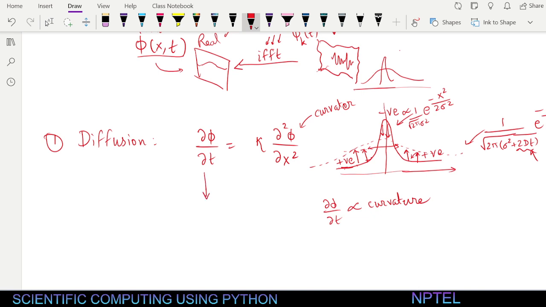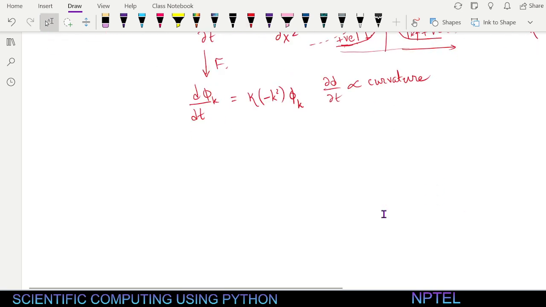So in Fourier space, we know that del by del t becomes d by dt. So d phi k by dt equals kappa, and the second derivative with respect to x becomes minus k square phi k, right? So this is your Fourier equation, and this can be solved using RK4, RK2, or even analytically, because this is just a simple linear equation.